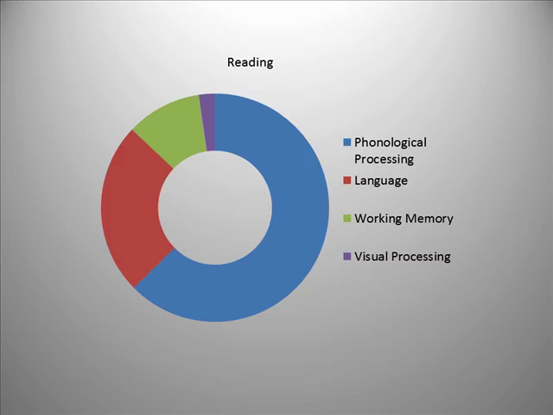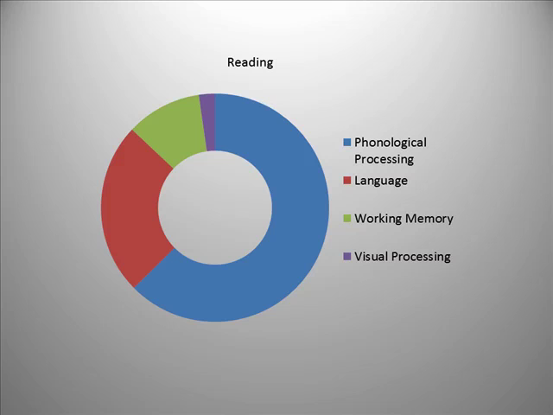A key factor I want to impress on you is how small the slice of visual processing is. Typically, dyslexia was associated with letter reversals and visual perceptual problems, and if you look at what's opened up in Market Square, a chiropractic reading disability clinic that's stressing visual skills, ladies and gentlemen, it's a language processing disorder.